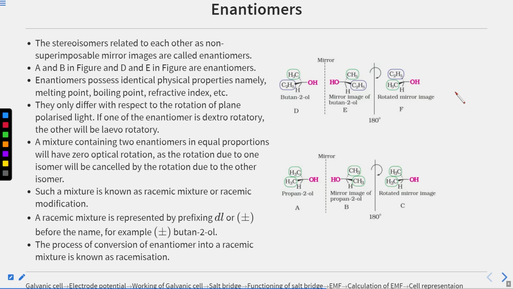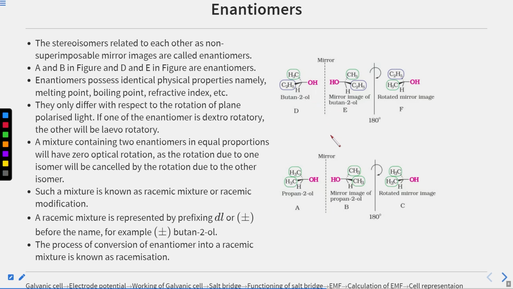You cannot do this experimentally every time. So we take the root cause of this deflection of light, that is superimposability. If you find that the mirror image of a compound is not superimposable on its original, then it is optically active and they both are enantiomers in that case only.